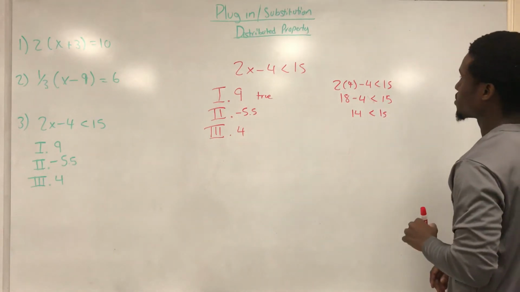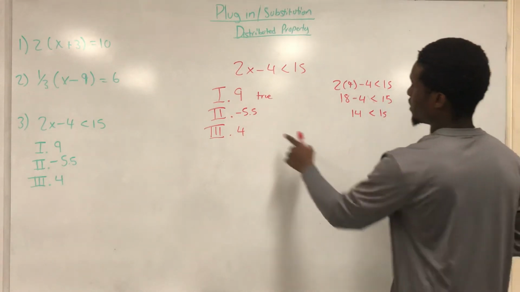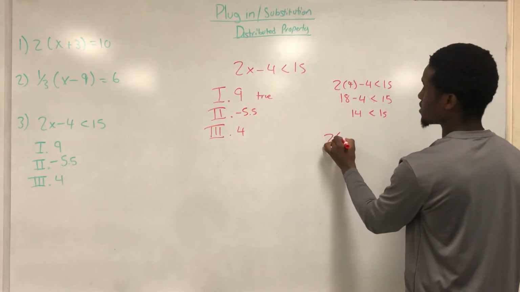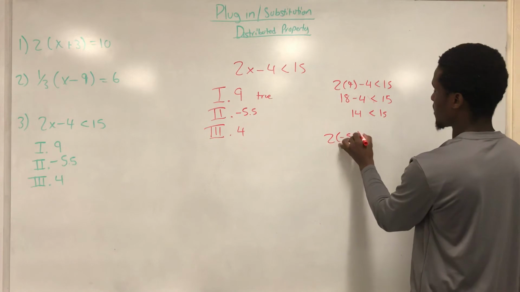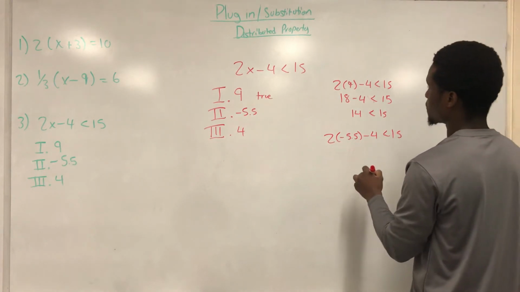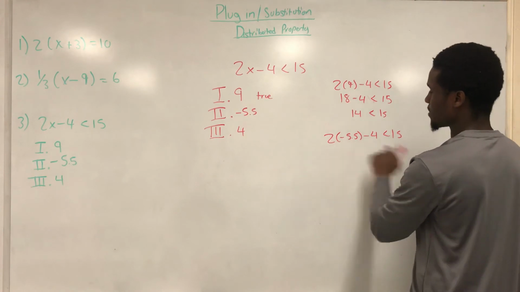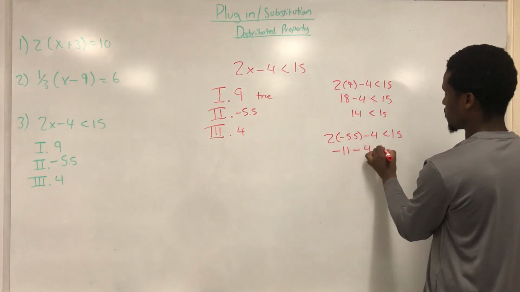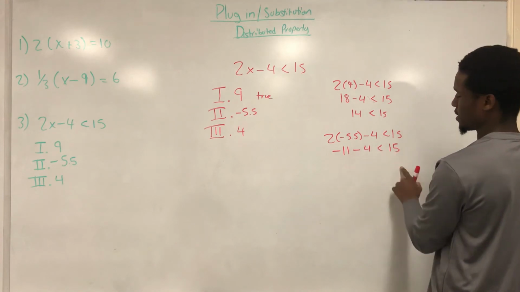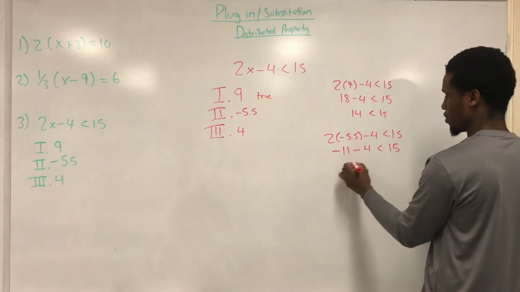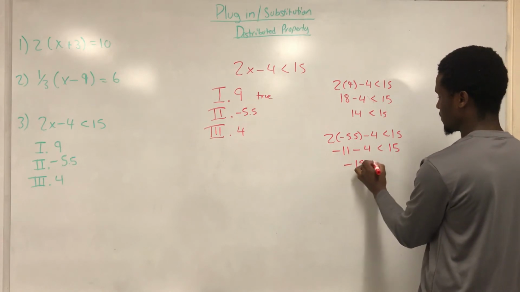Okay? So let's go ahead and try another one. Negative 5.5. Okay? So 2 times negative 5.5 minus 4 has to be less than 15. So 2 times negative 5.5 is negative 11. Negative 11 minus 4 has to be less than 15. Negative 11 minus 4 is just negative 11 plus negative 4, which is equal to negative 15.